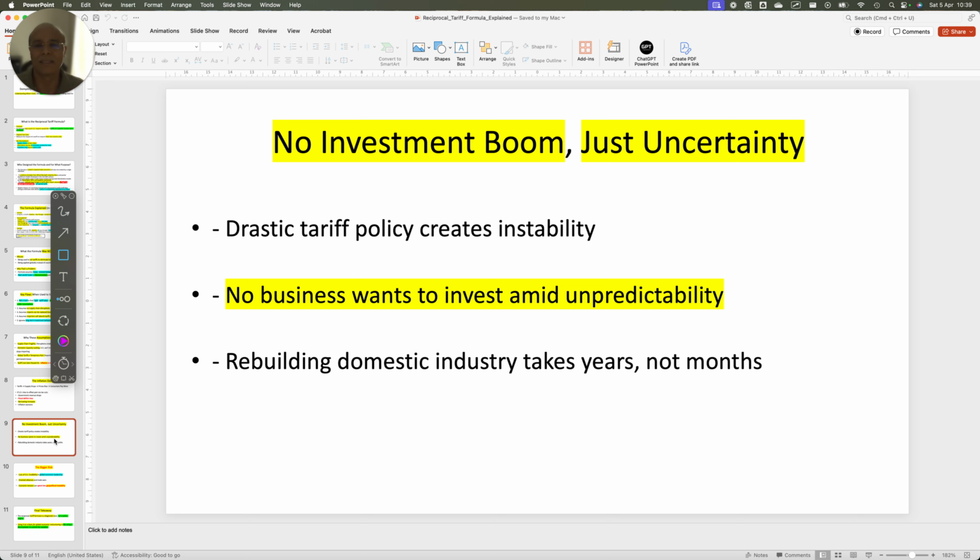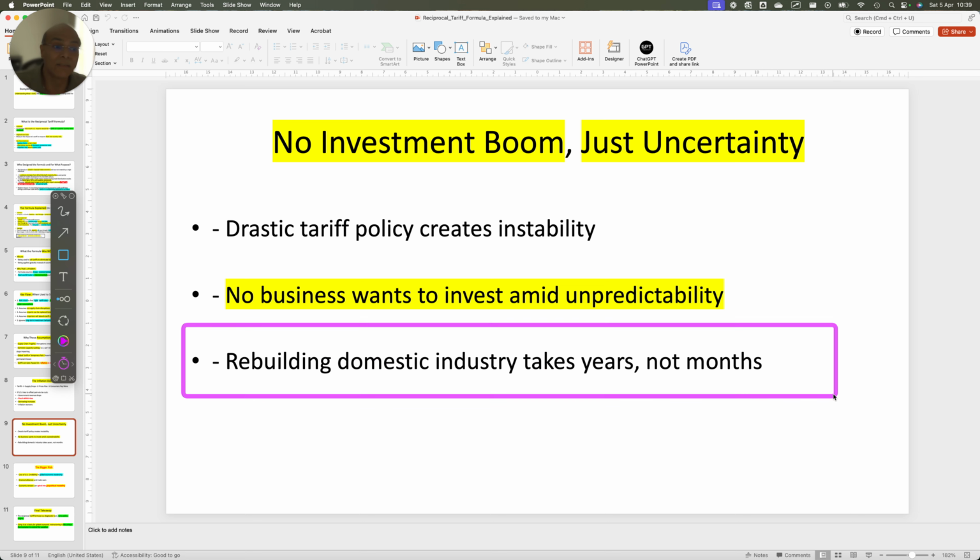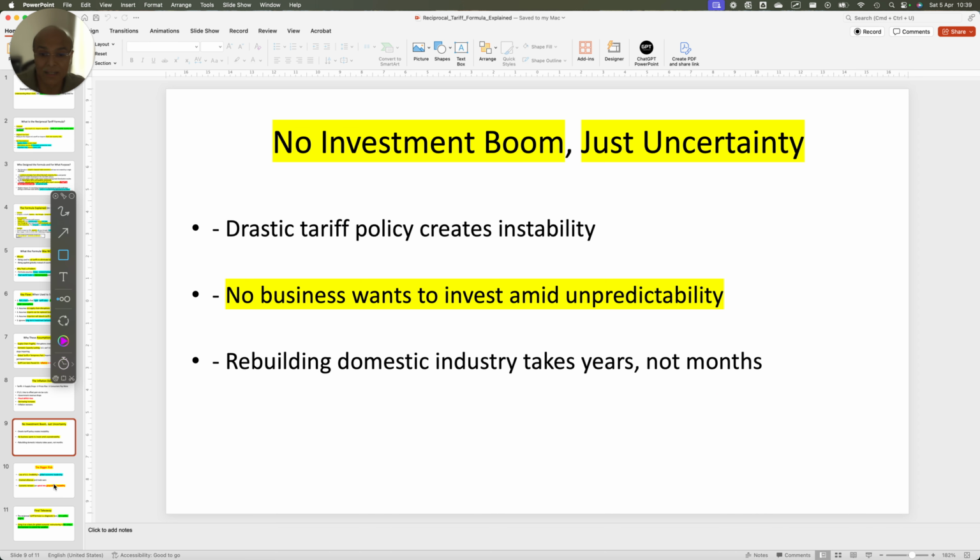Forget about US. It will be a completely investment halt. There will be just uncertainty. Drastic tariff policy creates instability. No business wants to invest in an unpredictable environment. Rebuilding domestic industry will take years, if not months, right?